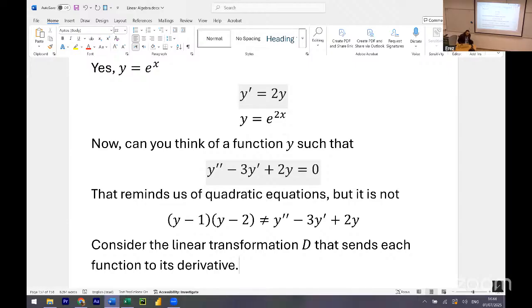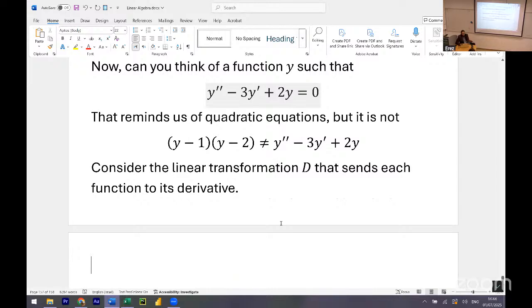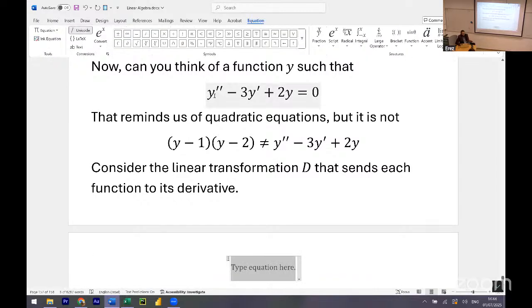This is a linear function indeed, because the derivative of a sum is the sum of the derivatives, and scalars come out. So instead of the second derivative of y, we can say that we differentiated y twice. I applied D, and then I applied D again.